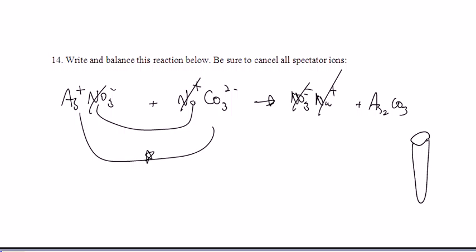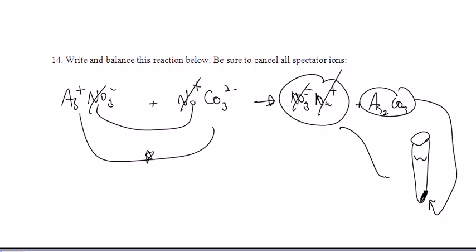In our tube, if you were to draw that out, this would be what's down in there, and this leftover solution would be what's there, because you do see the ions. Finally, we have 2Ag+ plus CO3 2- goes to Ag2CO3.